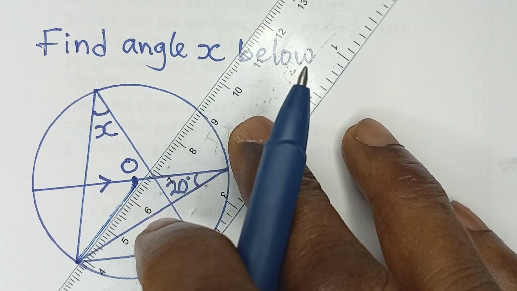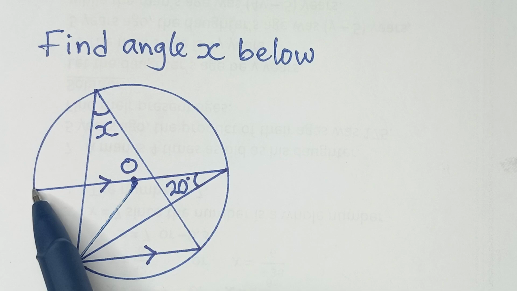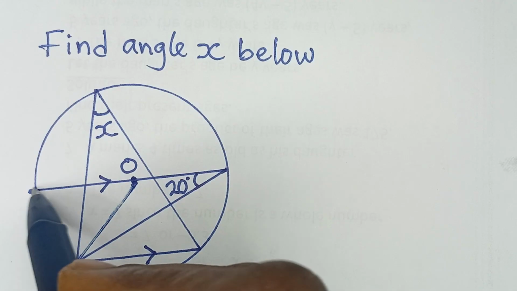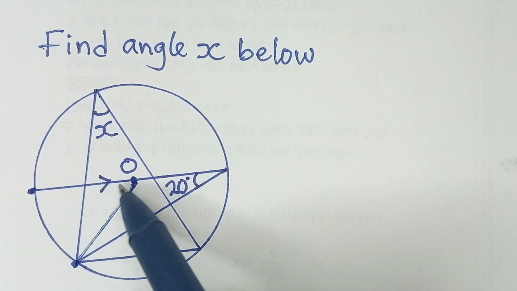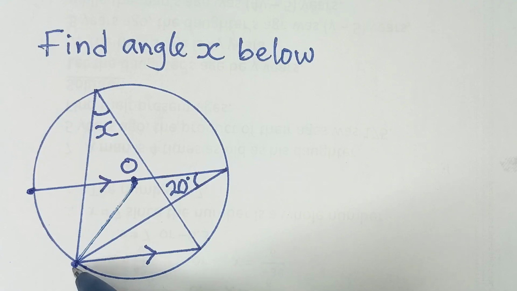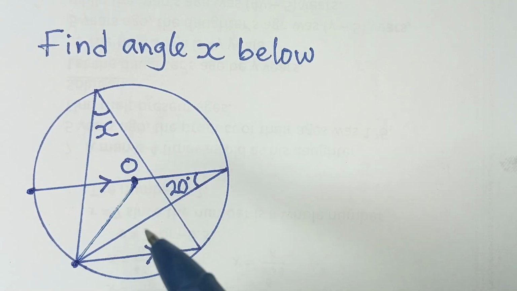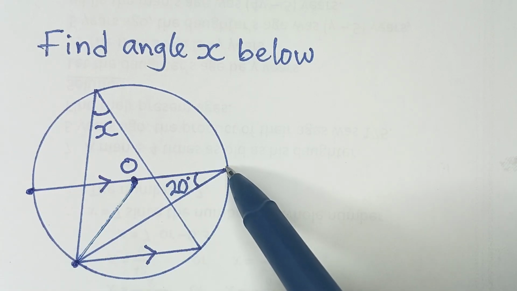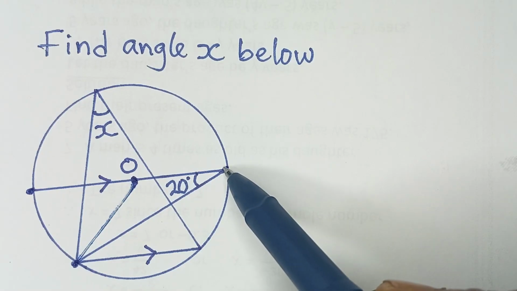Now, with this line that I've traced, you agree with me that from this point here, looking at these 2 points, this is a point and this is another point. From this point we have a line to the center, and from this point we have a line to the center. Similarly, from this point we have a line to the circumference, and from this same point we have a line to the circumference.